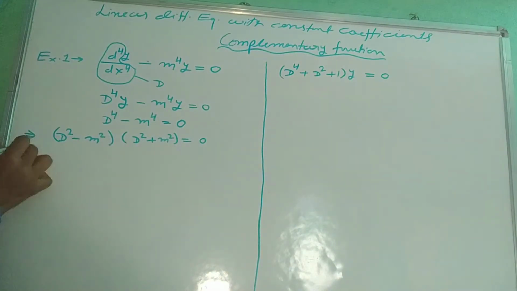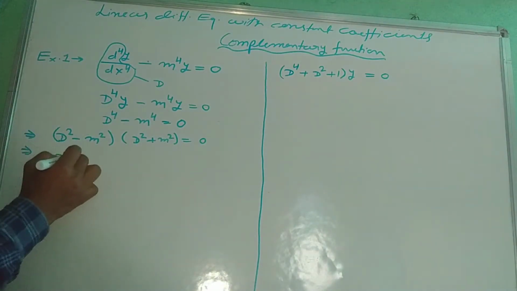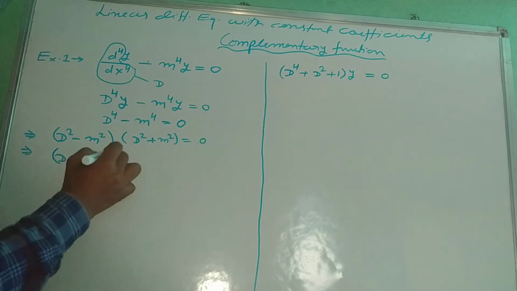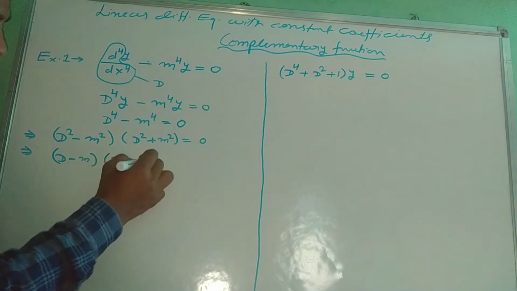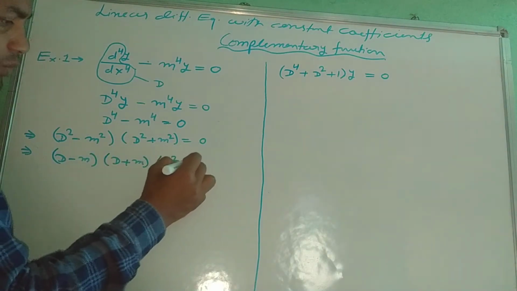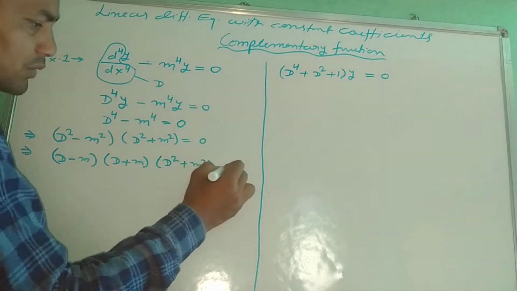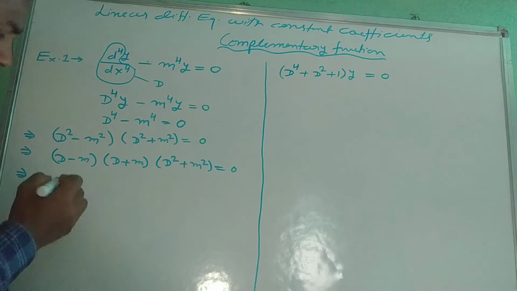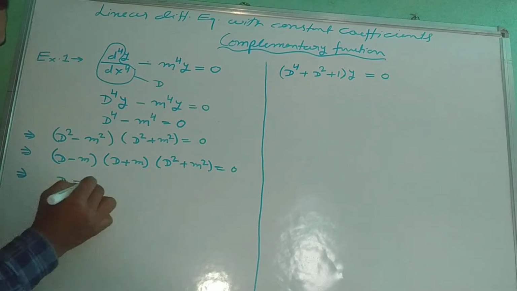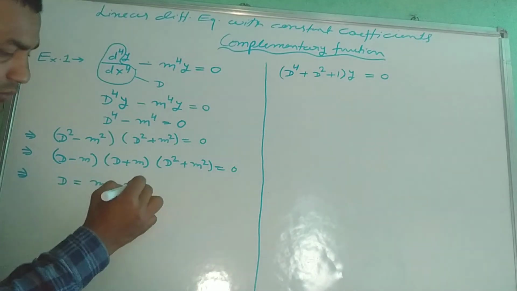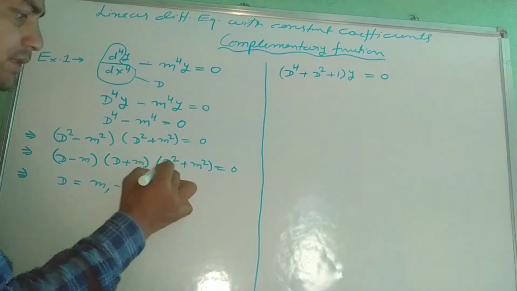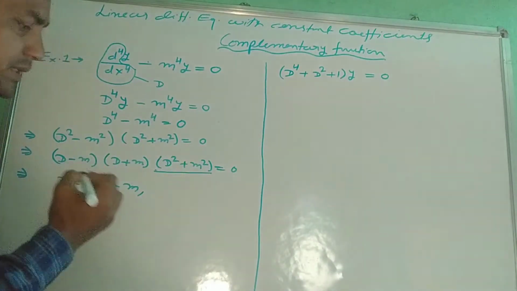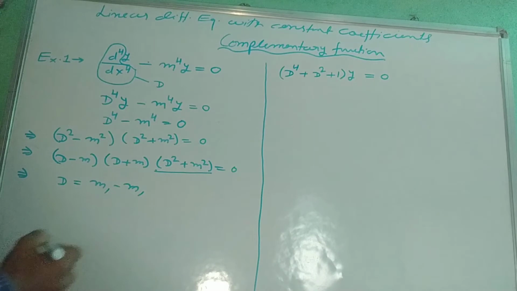Now the next part is D minus m and D plus m and D square plus m square equal to 0. When we find the roots, we have D equal to m and minus m, and the roots of the factor D square plus m square equal to 0.